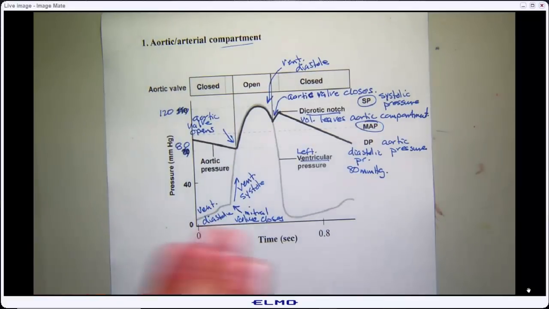Since we spend more time at lower pressures than higher, we calculate a mean arterial pressure of around 96. We can be exact, or we'll just round it up to 100 and move on. So that's why we talk about mean arterial pressure being 100. Indeed, that's not the exact calculation, but it's good enough for what we're going to be trying to do here.